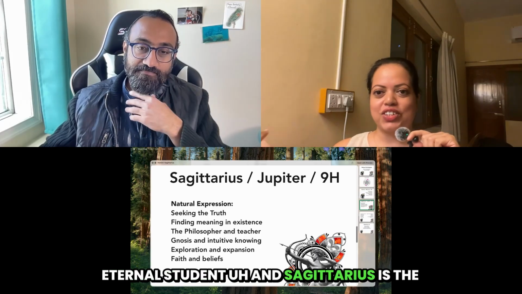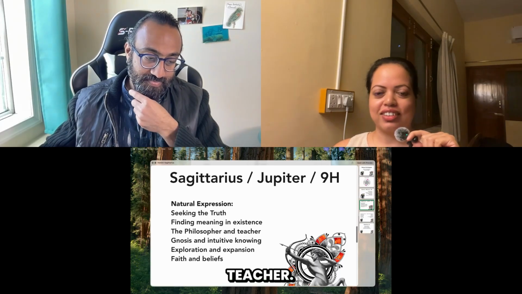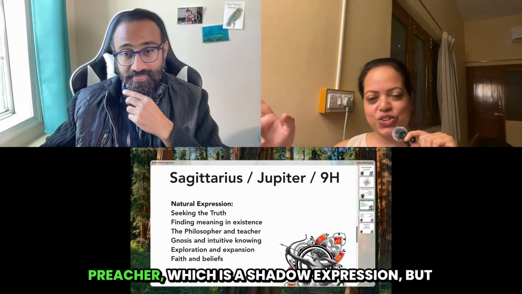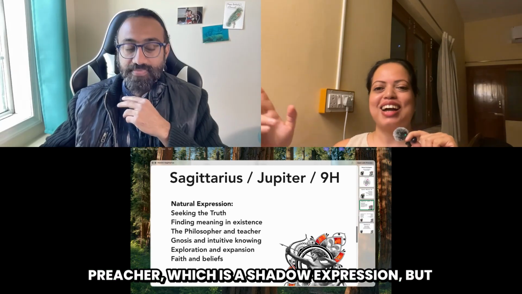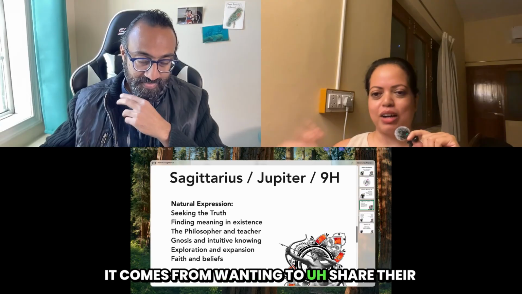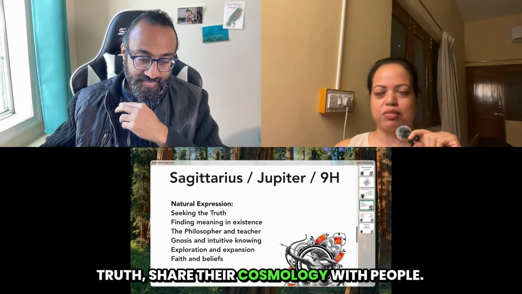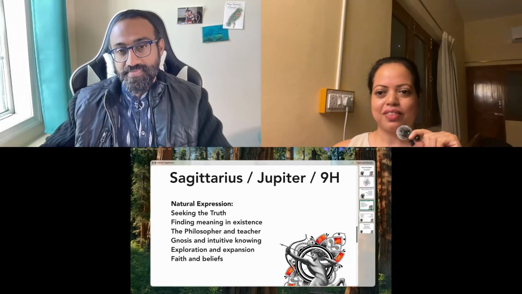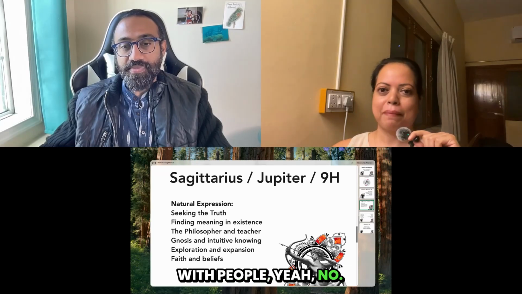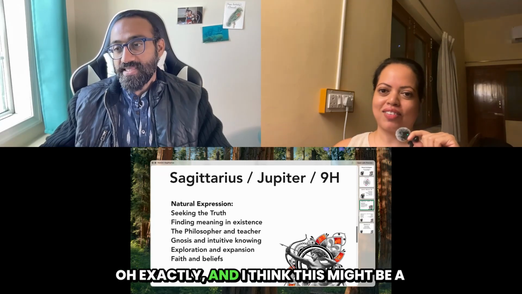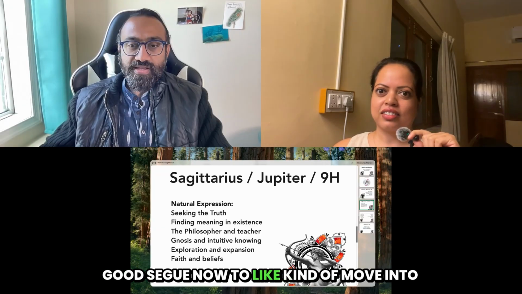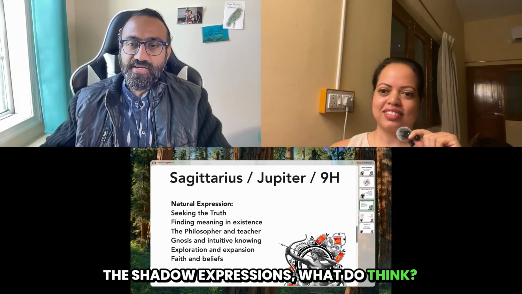And Sagittarius is the teacher. And sometimes they also become the preacher, which is a shadow expression, but it comes from wanting to share their truth, share their cosmology with people. Exactly, and I think this might be a good segue now to move into the shadow expressions. What do you think?